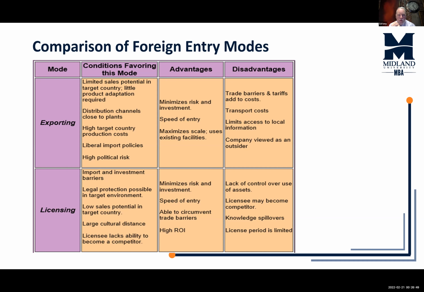Also, when the distribution channels are close to the plant, when there are liberal import policies from the host government, and when there is high political risk. So if you're not sure if you're going to be able to get your money out of the country after you have produced those goods, after you have created your manufacturing facility there, it's better to export because that is the least risky.